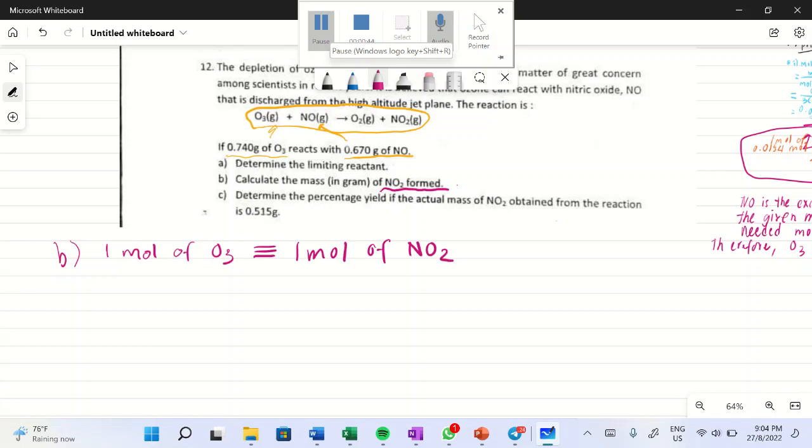Why don't we use NO? Why don't we compare with NO? Because we only take the limiting reactant. And what to fill inside here? We fill given mole, not needed mole.